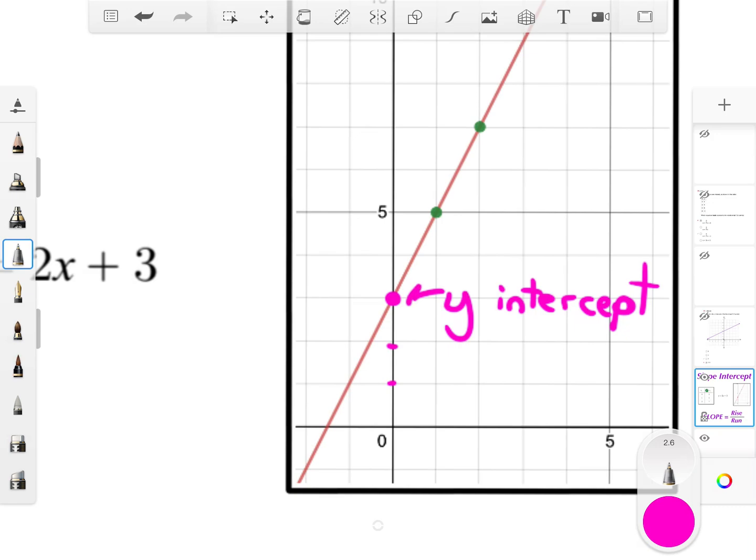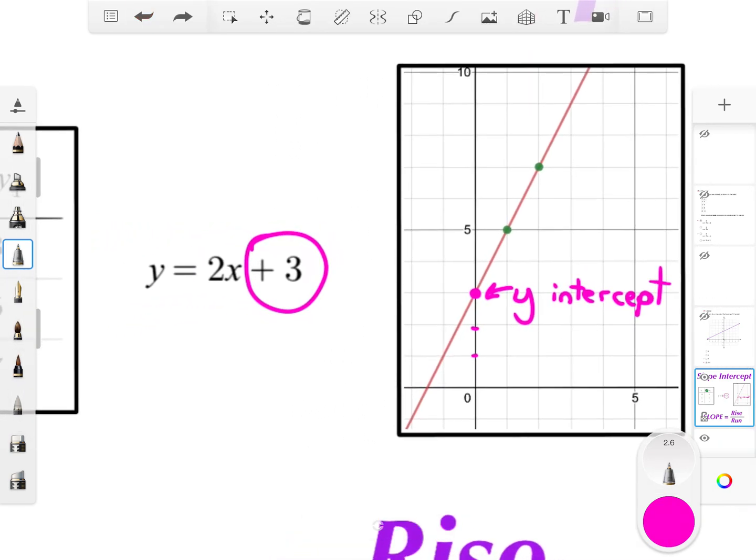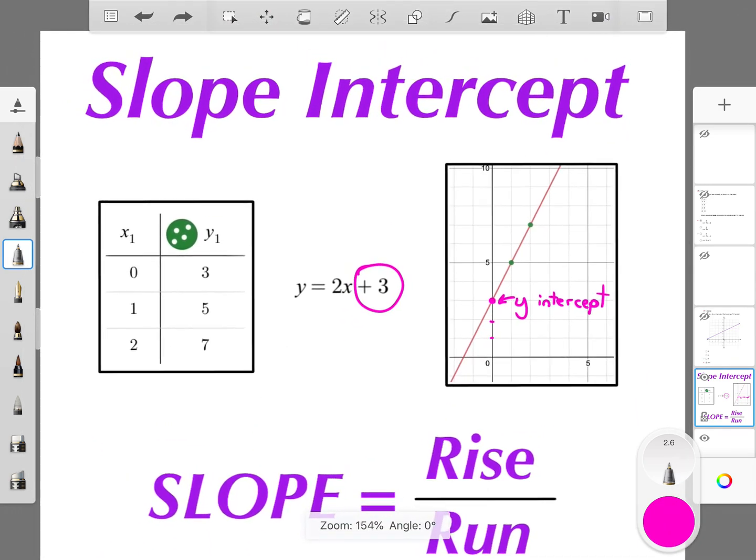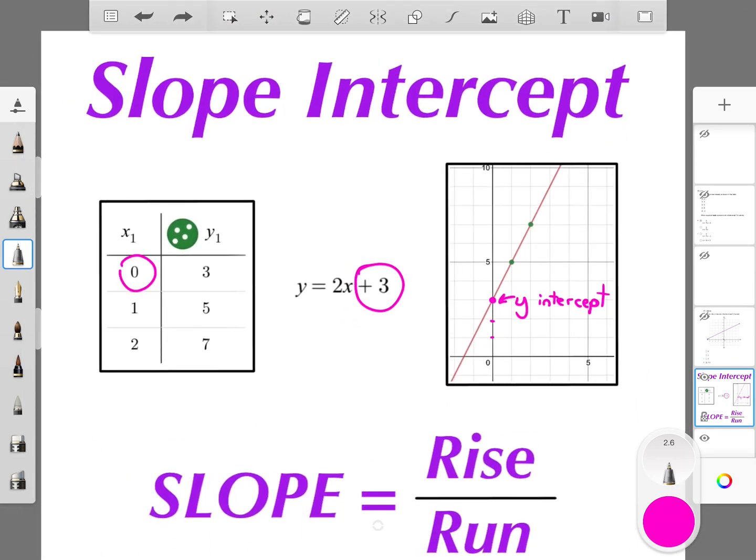We'll find it right here on the graph. And there in the end of our function is a +3, which says the same thing. When x is 0, y is +3. And when we look at our table, we'll find the same thing. When x is 0, y is +3.